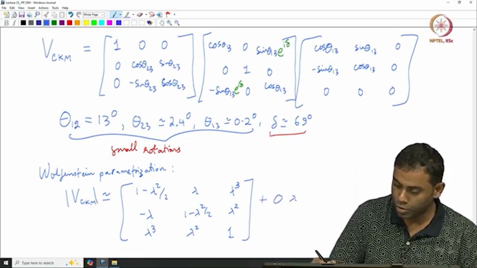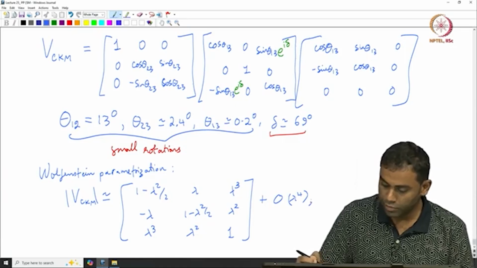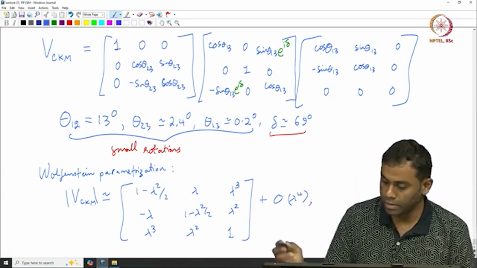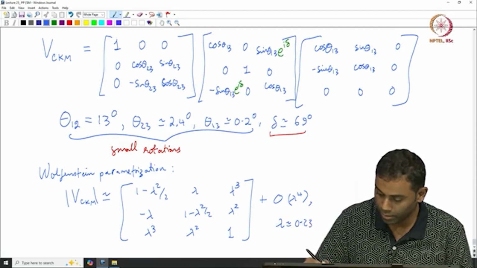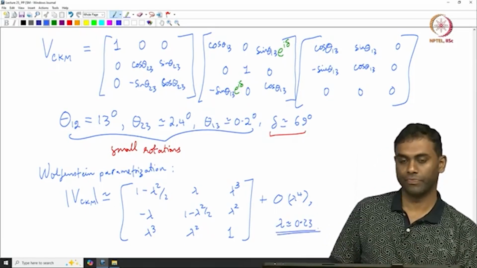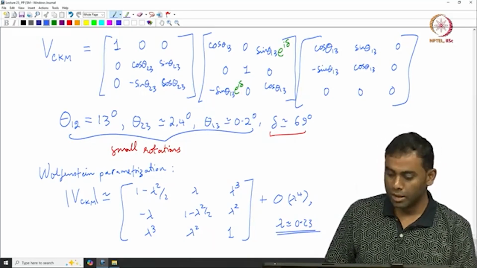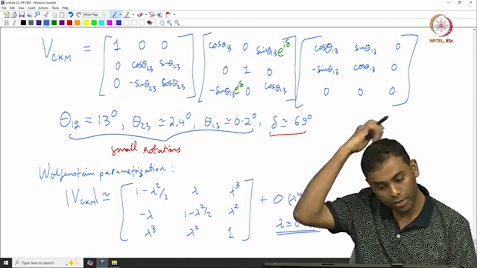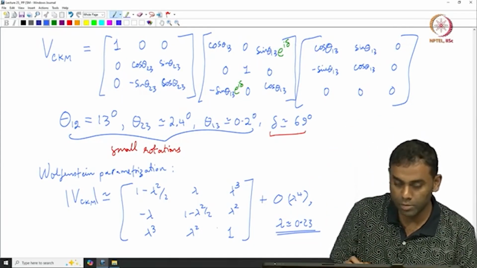What is the use of this parameterization? When you put it this way, there is only one parameter to think about, and that turns out to be 0.23. So, if it is 0.23, then what does this tell you? It tells us that the diagonal elements are more or less 1.